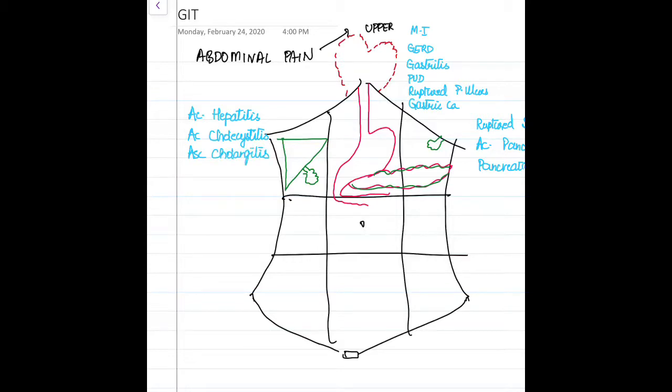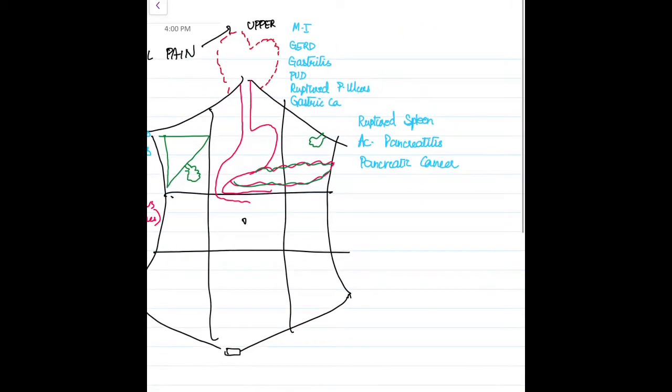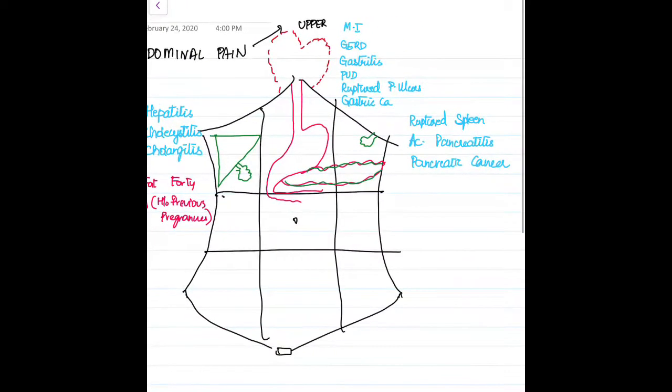Now if you're suspecting acute cholecystitis, then remember female, fat, 40, and fetus, which means history of previous pregnancies is very important. Next, when we are thinking about acute pancreatitis, then we have to think about an alcoholic male.